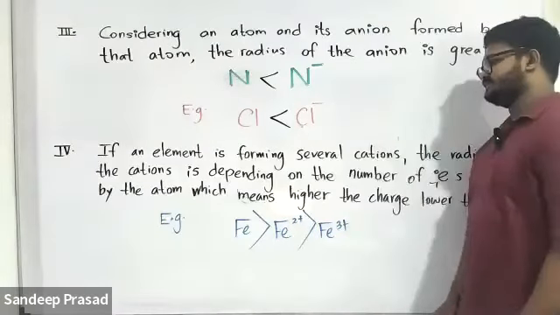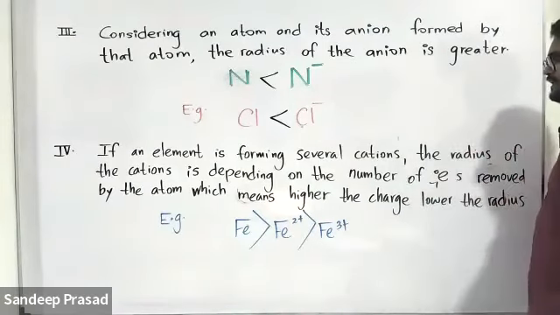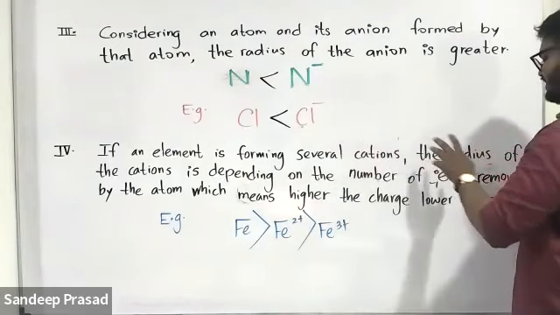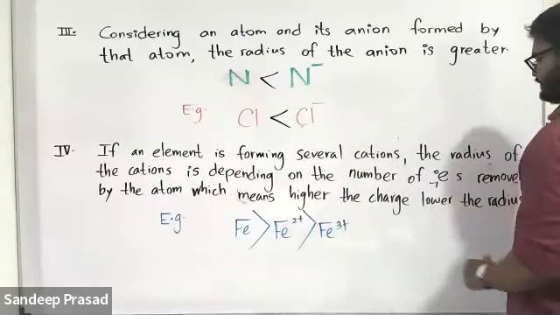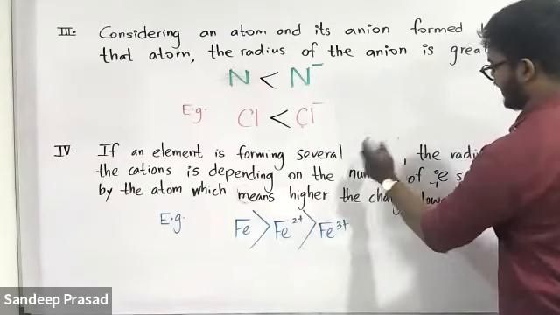Don't miss that. Right. Number 4: if an element is forming several cations, let's change this one into anions.